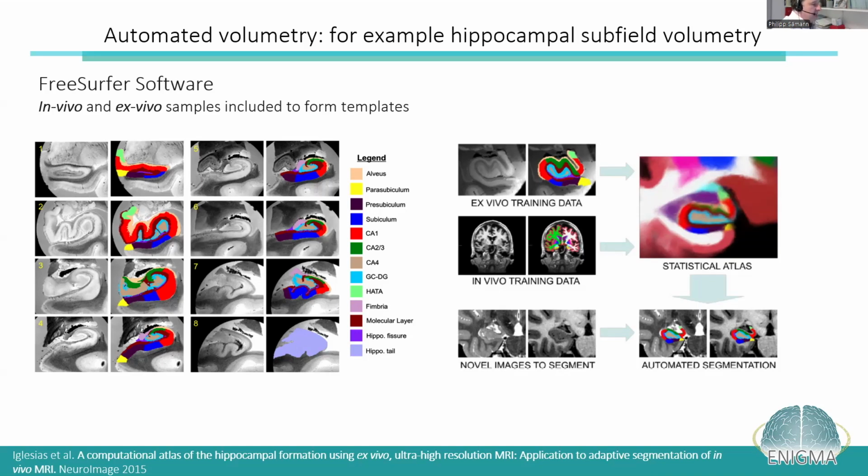And in the background of these algorithms, you usually have a lot of training data coming from, for example, post-mortem MRI with an excellent resolution, also supported by in vivo training data. And this system then generates a kind of statistical atlas that is then warped to the actual data that you offer the algorithm. And by this Bayesian segmentation logic, you can then estimate these subregional volumes.